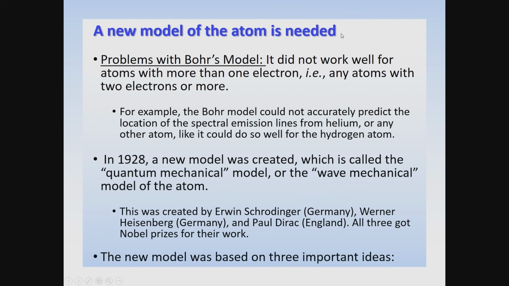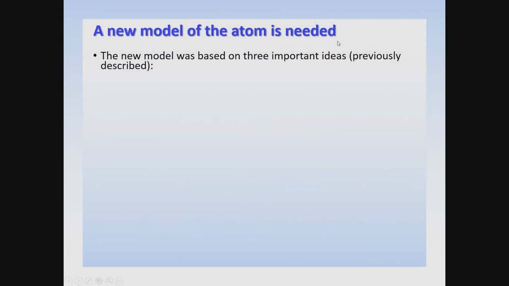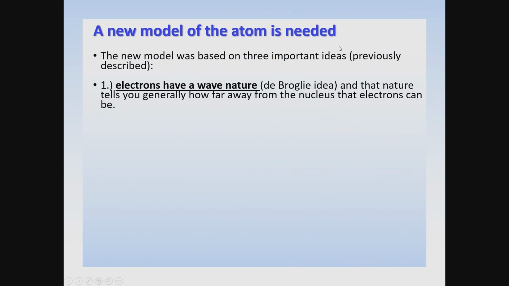This new model, the quantum mechanical model of the atom, was based on three ideas which I just mentioned. First, electrons are not only particles, but they also have a wave nature. You might remember we used the de Broglie wave equation to understand to some degree where we can find electrons in the atom, how far away from the nucleus they are.